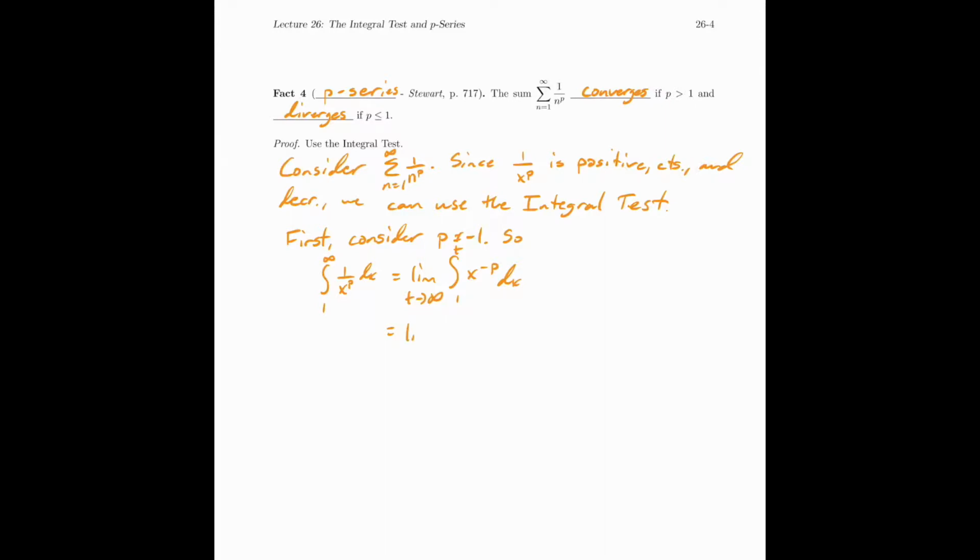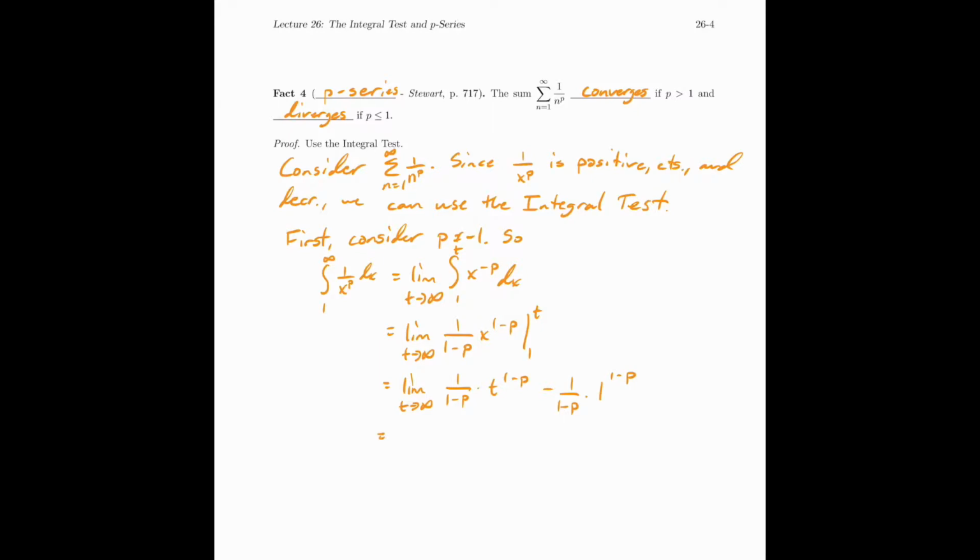And this is going to equal the limit as t approaches infinity of 1 over 1 minus p x to the 1 minus p from 1 to t, which is going to equal the limit as t approaches infinity of 1 over 1 minus p times t to the 1 minus p minus 1 over 1 minus p times 1 to the 1 minus p.